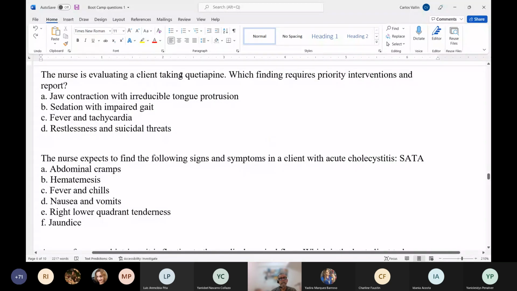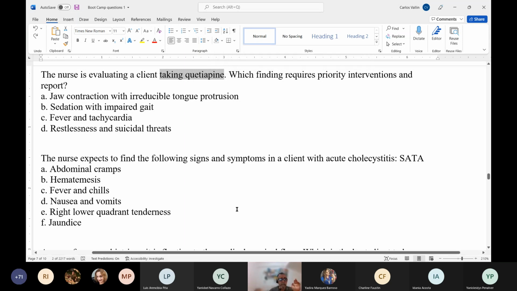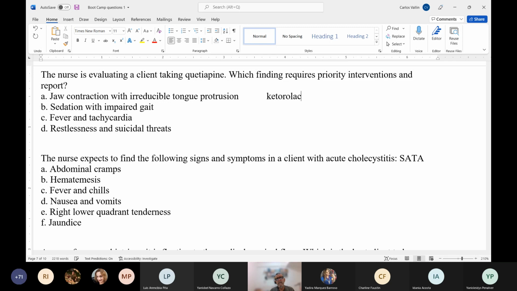For example, when they want to ask you a question about the risk of GI bleeding in a patient taking NSAIDs, they don't mention NSAID. They say indomethacin, ketorolac. The most difficult that I've seen is ketorolac, because I know that many of you don't know that those medications are NSAIDs, ketorolac and meloxicam.